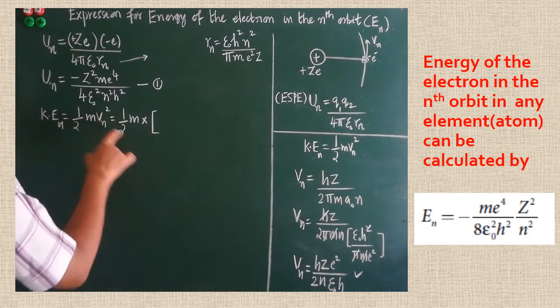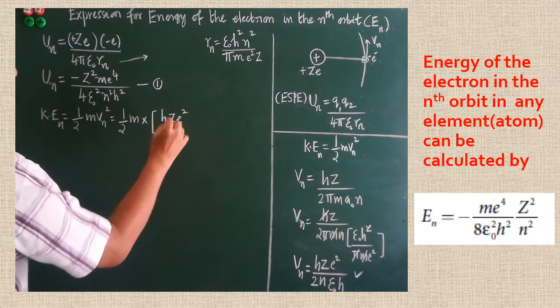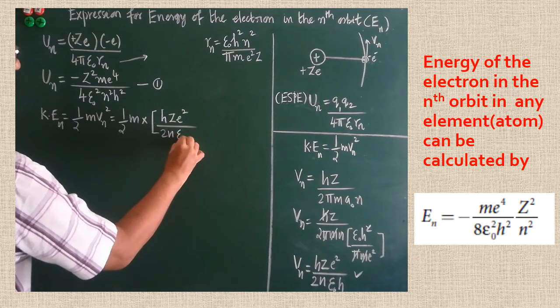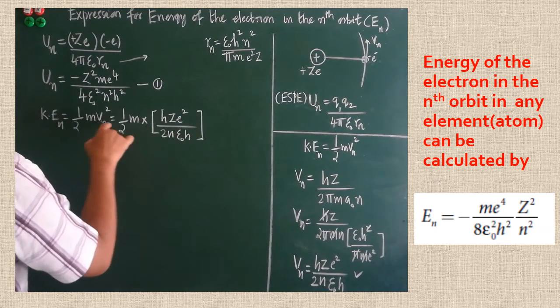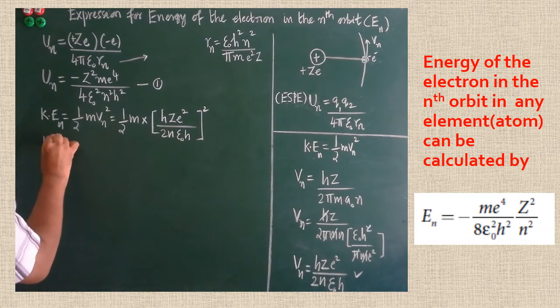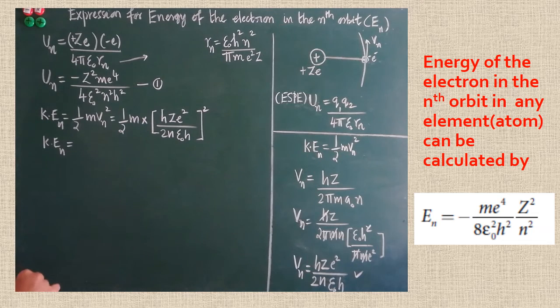Now I am going to substitute the expression of vn, Ze square divided by 2 epsilon naught n h. That one must be squared. After squaring, the kinetic energy of the electron in any orbit can be calculated.